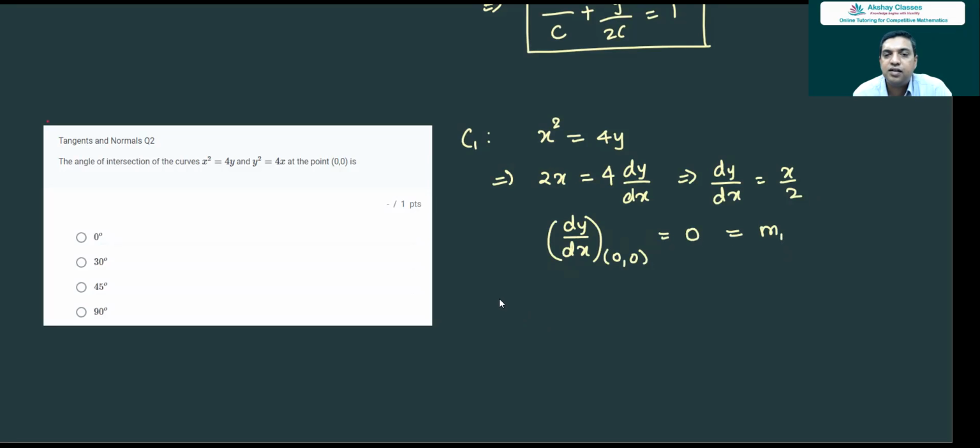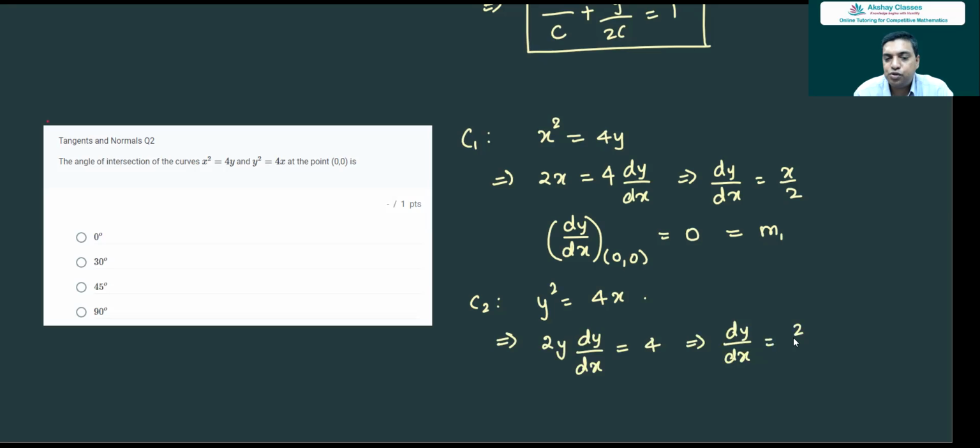Okay. Now, the second curve is y square equal to 4x. So at 0, 0, 2y dy by dx is equal to 4. Dy by dx is 2 by y.